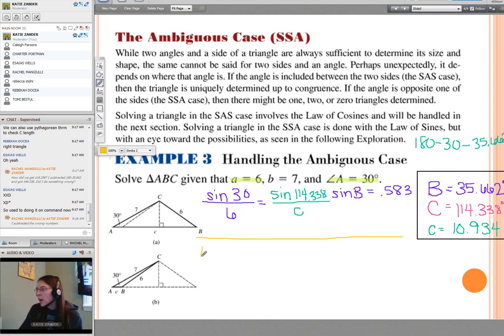So to find that obtuse measurement, let's subtract that value, 35.662, from 180. So go ahead, subtract that real quick, 180 minus 35.662. And what is that going to give us?